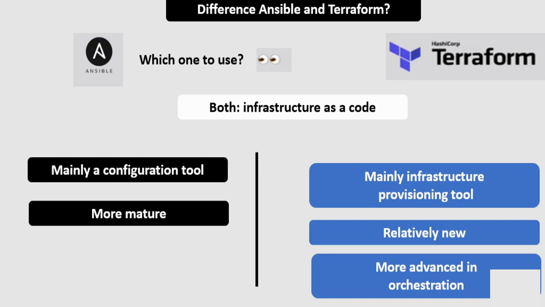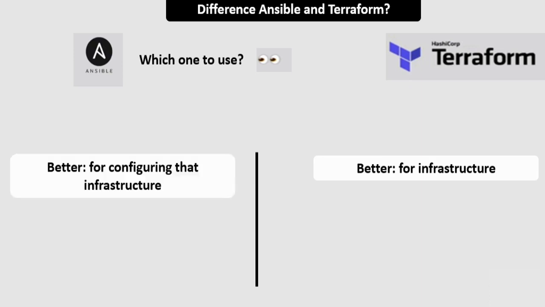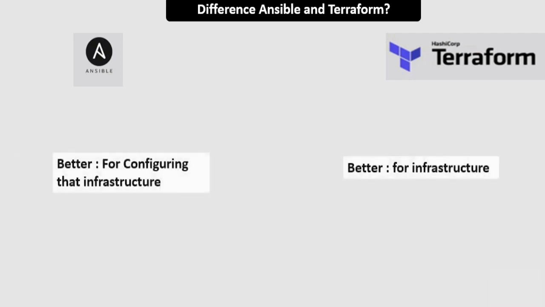So to summarize the difference, Terraform is a better tool for provisioning infrastructure and Ansible a better tool for configuring that infrastructure, deploying, installing applications and services on them. So it's a common practice where DevOps engineers use the combination of these tools to cover the whole setup end to end, using both for their own strengths instead of just using one tool.